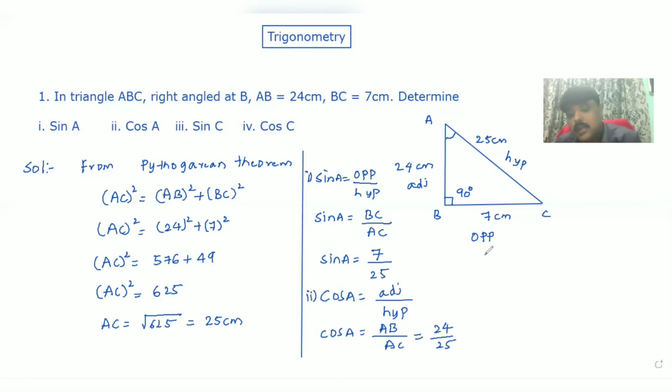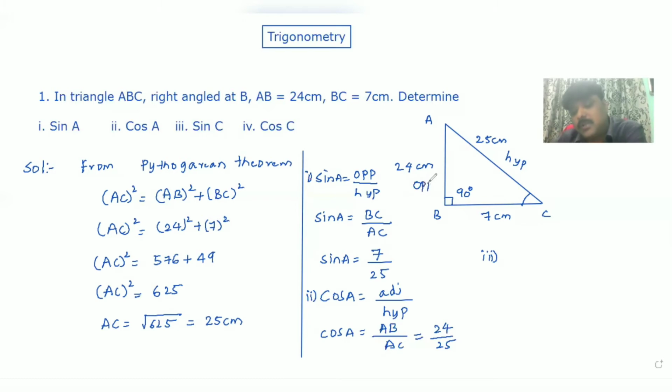The third thing he asks us to find is sine C. Now, for angle C, the adjacent and opposite change. The hypotenuse remains the same, as the hypotenuse is the side opposite to the right angle in a right angle triangle. Now for angle C, what is opposite? AB.